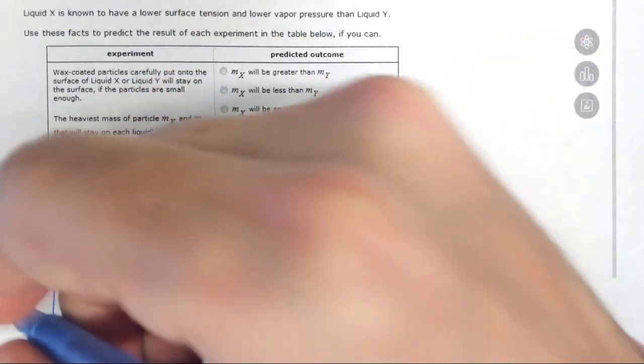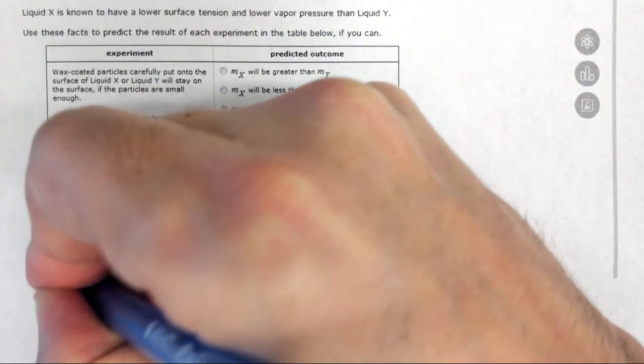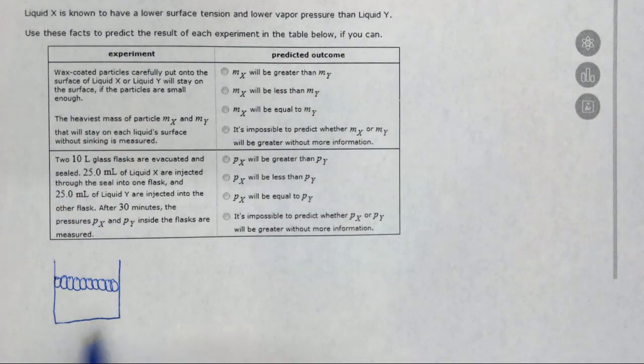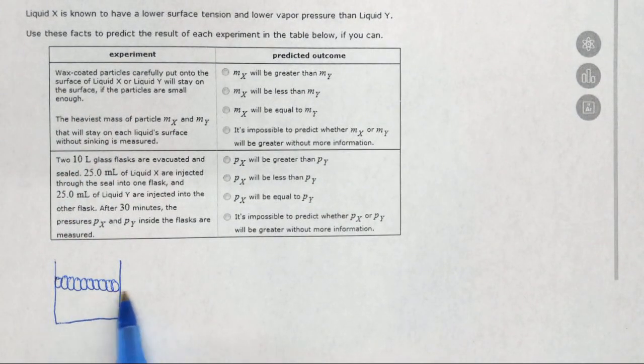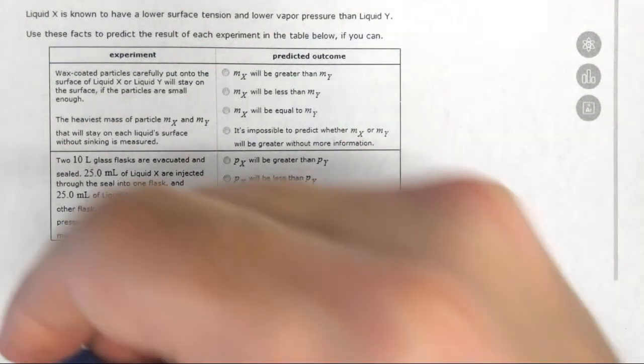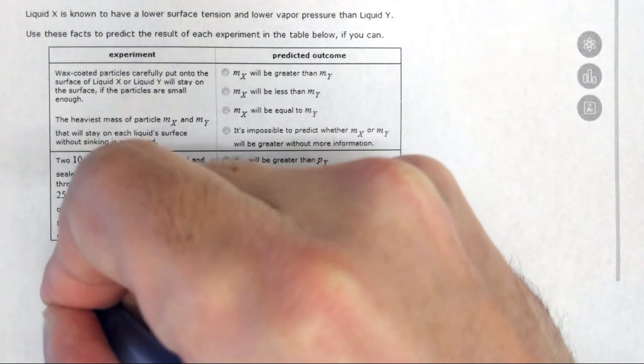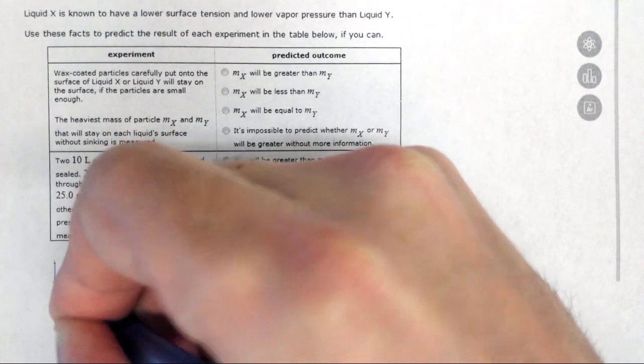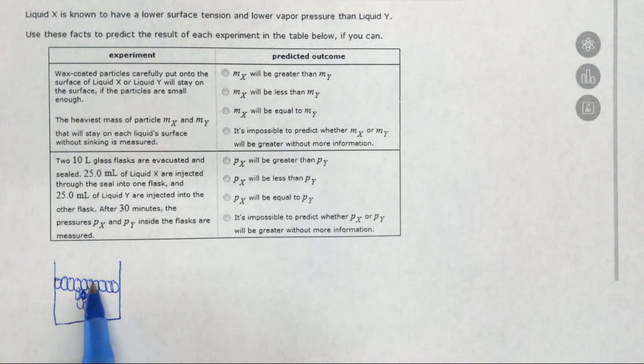So if we consider a flask here, and we have a surface. Now, if these molecules have strong intermolecular forces, they're going to want to have as little surface as possible. The reason for this is, if we take a molecule, I'm going to darken it in here, this molecule is completely surrounded by other molecules, whereas the molecules at the surface are less surrounded.